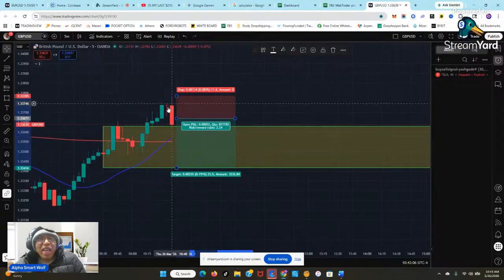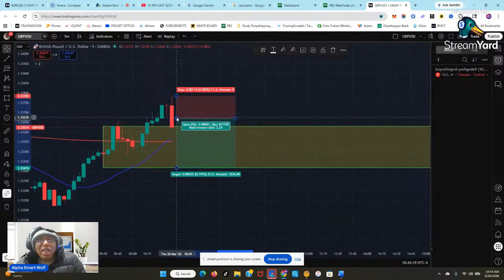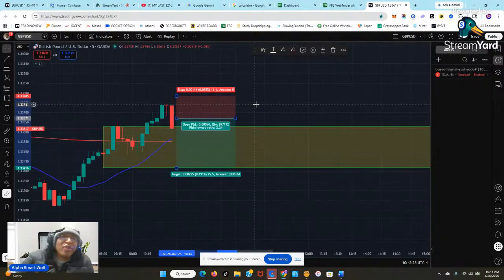But this is not an A setup for me, because I don't see the reversal so clearly. First, it presented with this candle here, and then it gives you a big candle later. Now, how much it's going to sustain this is what I'm concerned about. Okay.